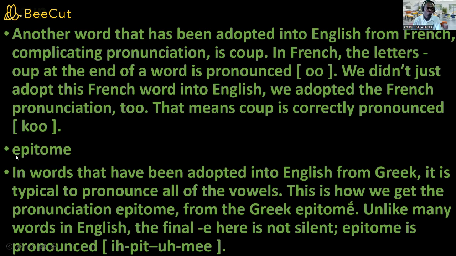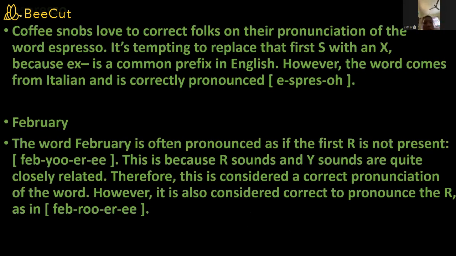Very good. So, this other word, epitome, I would have pronounced differently, but it's actually epitome, like the word honeymoon that we looked at. These are some tricky words. Like this one too, espresso. Then the word February.